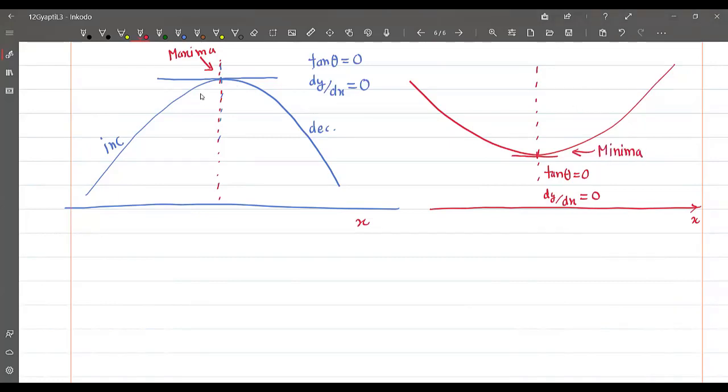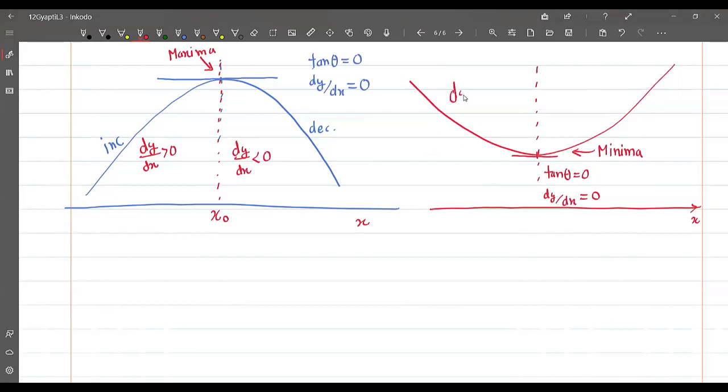A maxima can be identified as: first the graph is increasing then decreasing. Let us call this maxima point x0. Before the maxima point, the slope was positive. After it, the slope was negative.